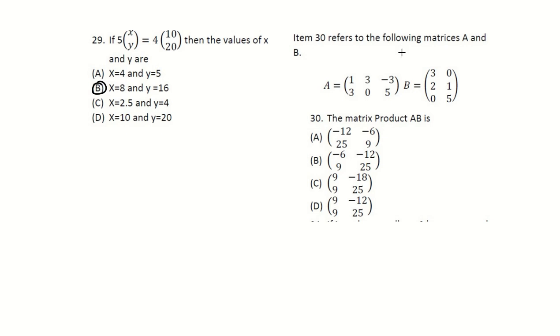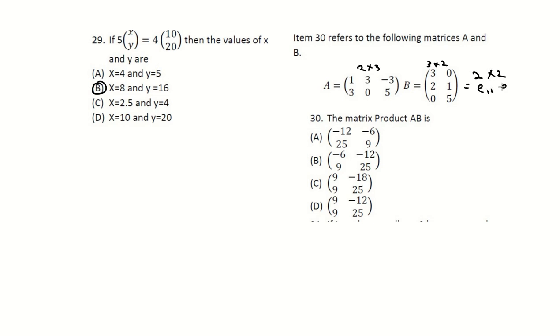Right? Item 30 refers to the following matrix. The matrix product of A and B to multiply this. This is 2 rows by 3 columns, and this is 3 rows by 2 columns. So we know it's a 2 by 2 matrix as a result.